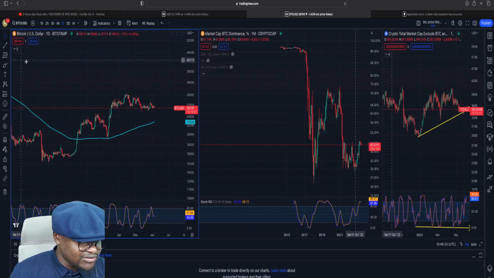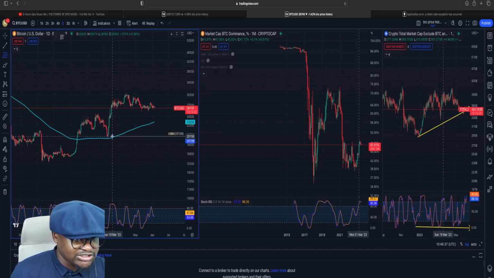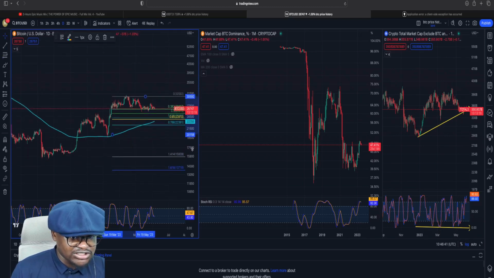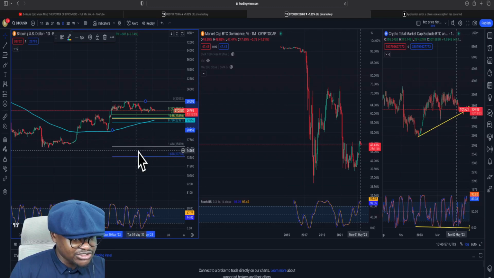Now on this same daily time frame, there was something which I found very interesting that I wanted to show you. If you take your Fibonacci and you put it like so, from the bottom of this formation right here to the top, you will see that your 1.618 and 1.4, that's the 1 fib, is around this region right here.